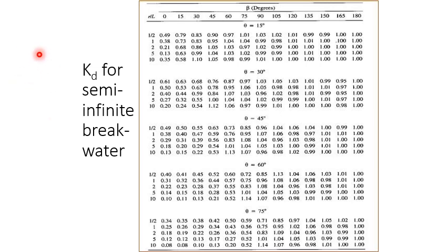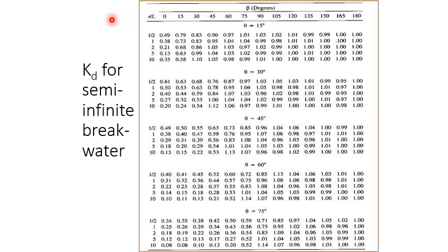So the KD value depends on beta. The table gives us the value from 0 to 180 degrees. Beta is the angle of the point of interest on the lee side, so it may range from 0 to 180 degrees.